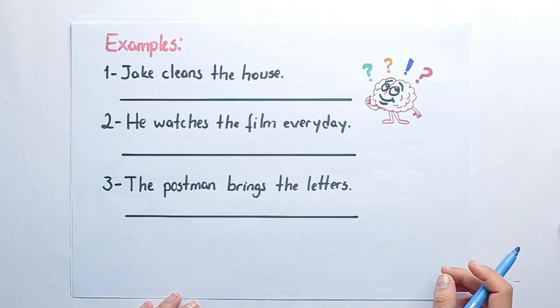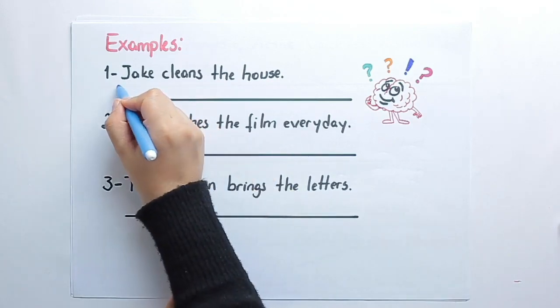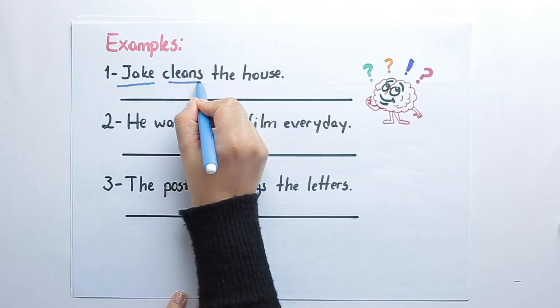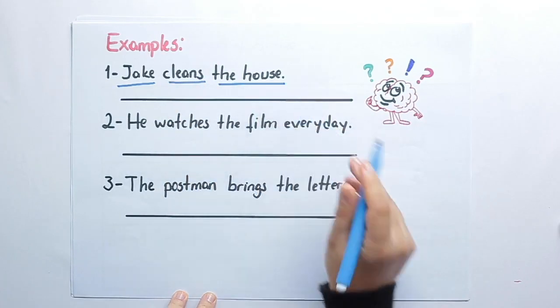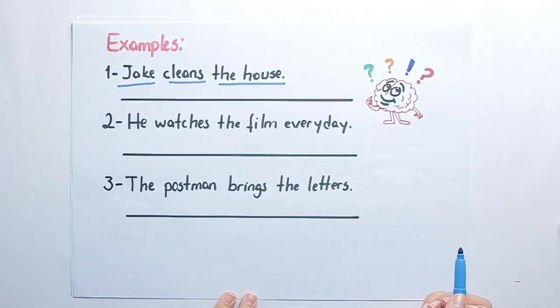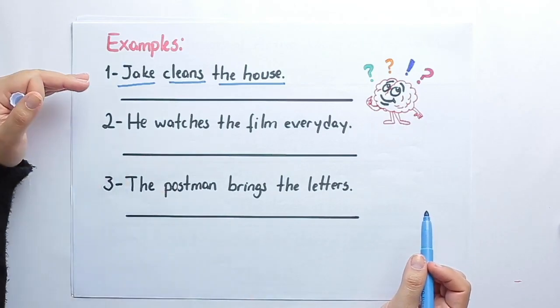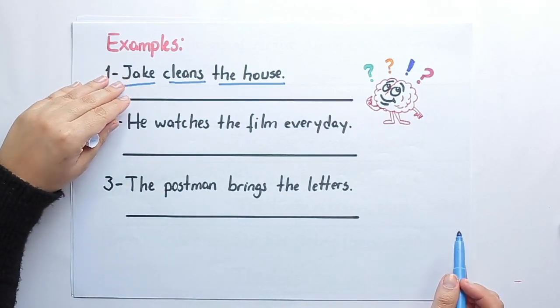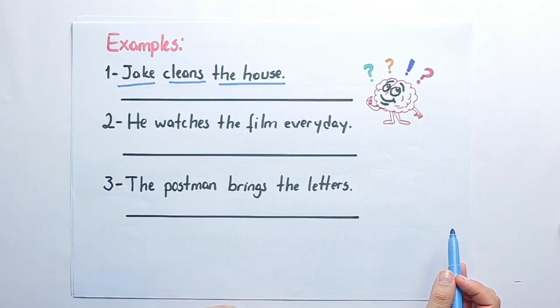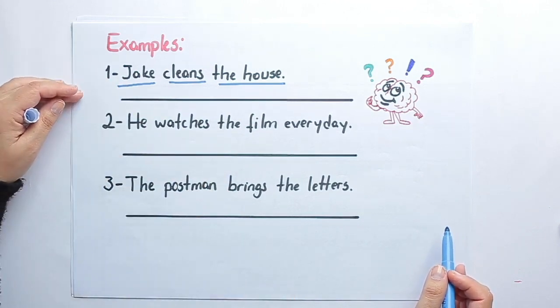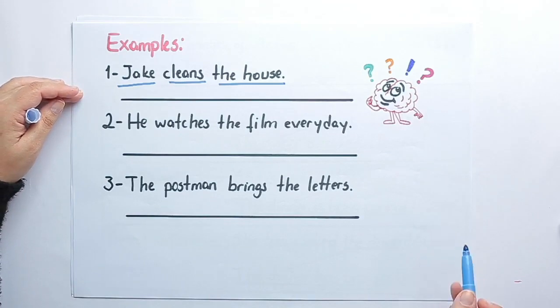Let's do some examples together. Jake cleans the house. Please divide the sentence into parts as subject, verb, and object, so it will be easier for you to turn it into a passive sentence.